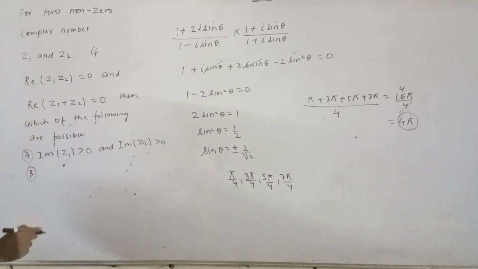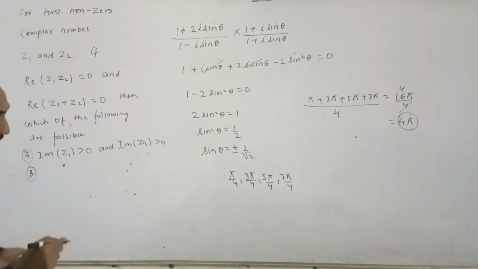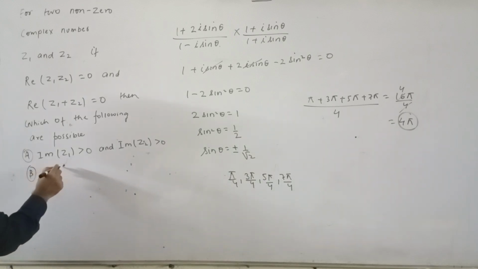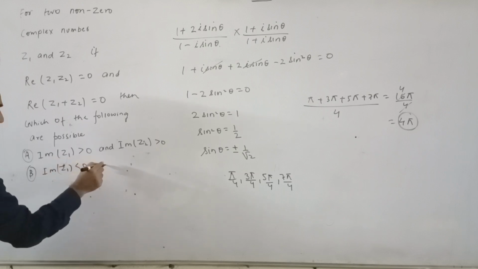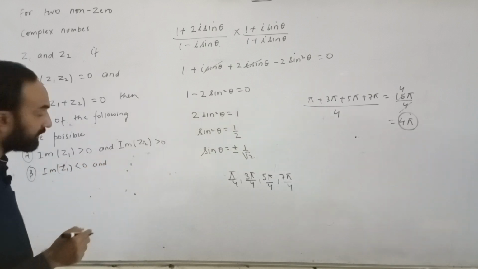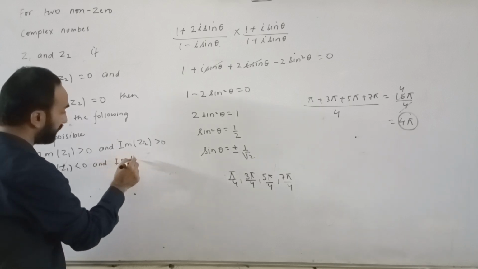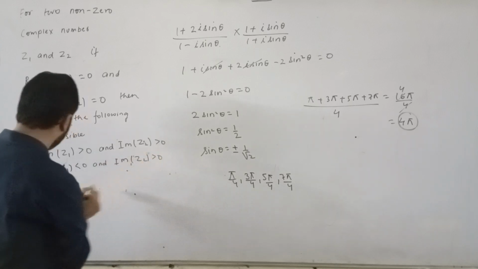Second option: imaginary part of Z1 is less than 0 and imaginary part of Z2 is greater than 0.